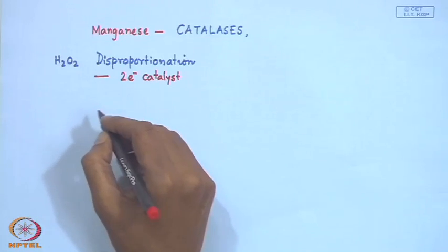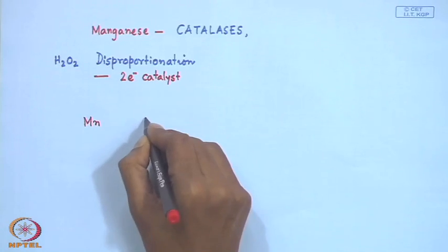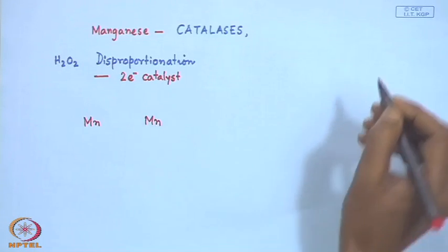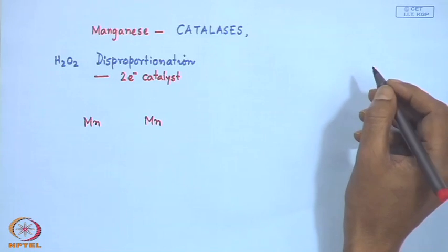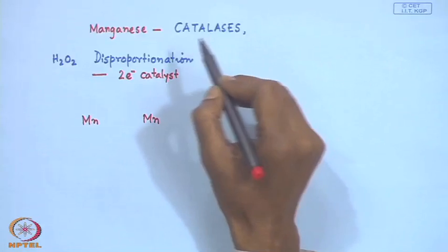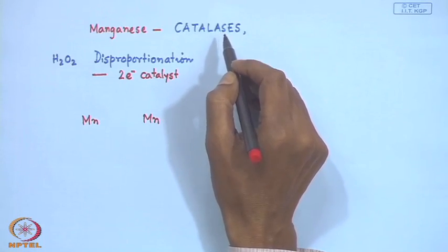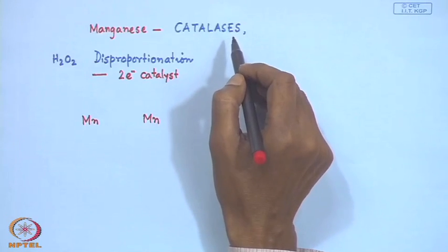we can have a manganese site, that means you can have 2 manganese sites. So, it is again a dimanganese catalyst. It is not the iron bearing catalase, that means the heme catalase.